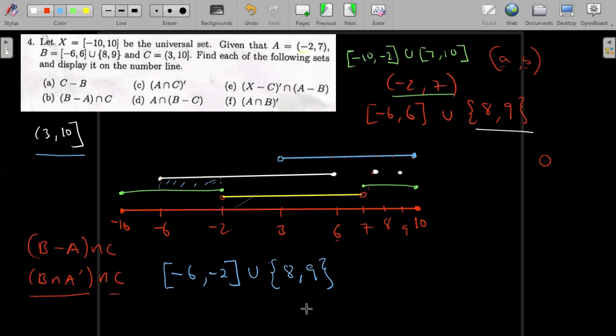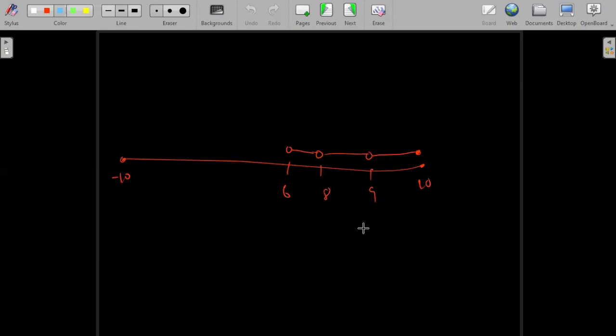With the set C. So now let us draw it separately. If we have this here, moving from -10 to 10, then we had that the intersection was -6 to -2.